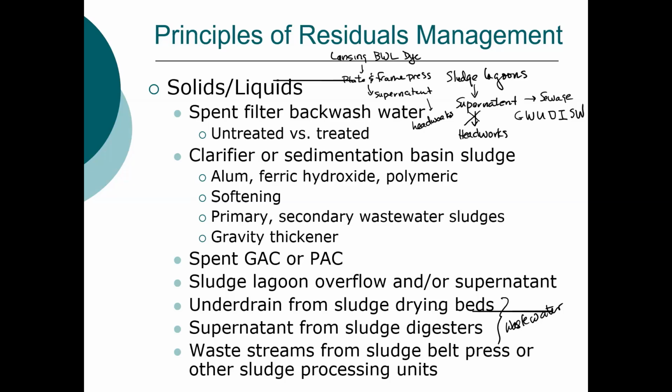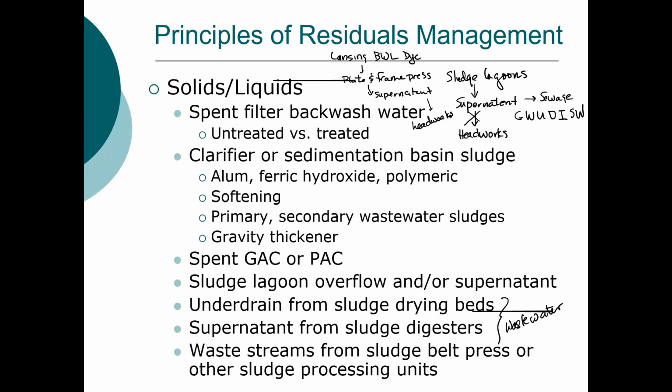The difference is what? What do you think the difference is with the Lansing Board of Water and Light Dye plant, where they use gravity thickening? Their filter backwash water, their sludge from the softening process, goes into a gravity thickener, which basically is a sedimentation basin.